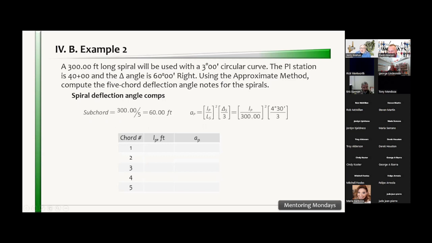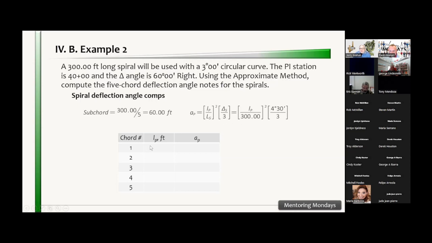When we're looking at the 5-chord spiral, and we've got a 600, we have a 300-foot curve, we're going to take 300 divided by 5, gets 60 feet. So our equation for our approximate deflection angle is the distance out on the curve divided by LS. So this is going to be 60, 120, 180, 240, 300 over 300 each time, times delta S over 3, which is at 4 degrees, 30 minutes.